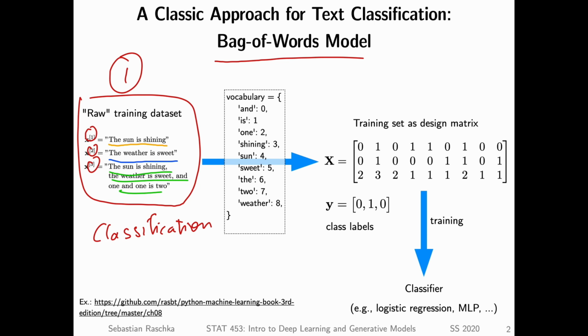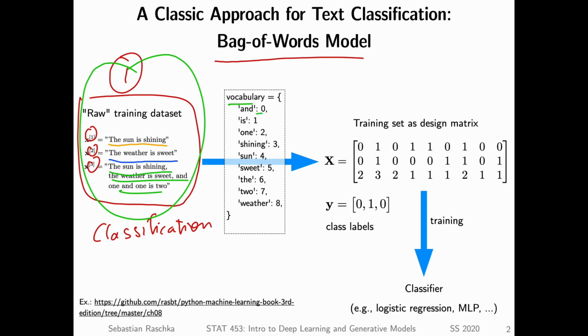So the first step in the classic approach is to build a vocabulary. For building the vocabulary, I look at the whole training data set and simply list the unique words I can find there. So it's just a set of unique words, this vocabulary. And then I can give each word an index so that I have a fixed position for each word.